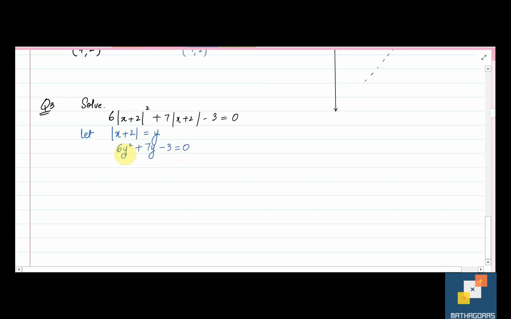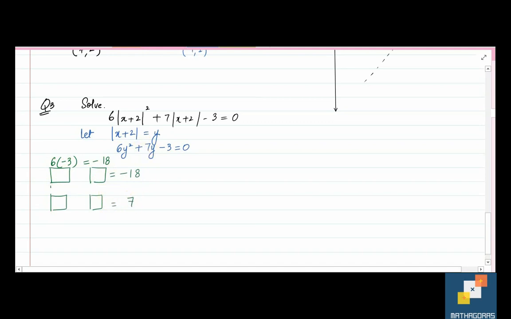So first we need to multiply 6 and negative 3. I'm doing it with a green pen because it is rough working. So 6 times minus 3 is negative 18. Now you need two numbers that on multiplication give the value of negative 18, and when you add them they give the value of your middle term, that is 7.